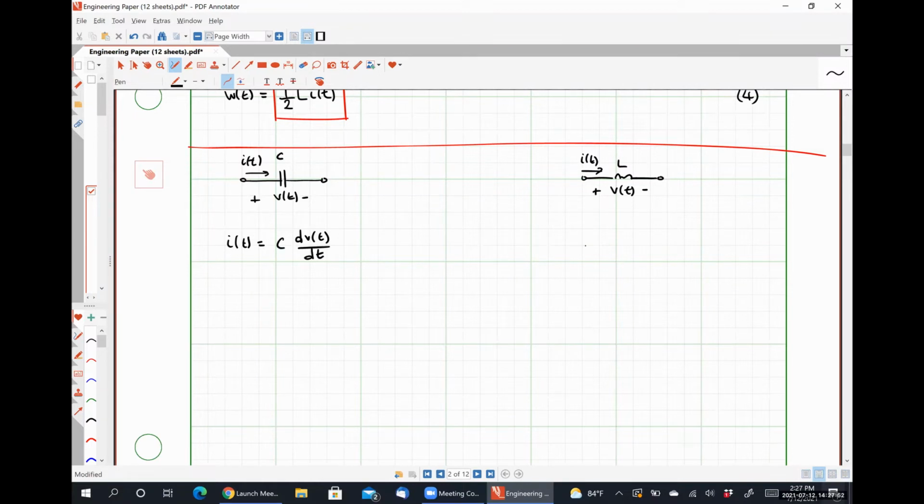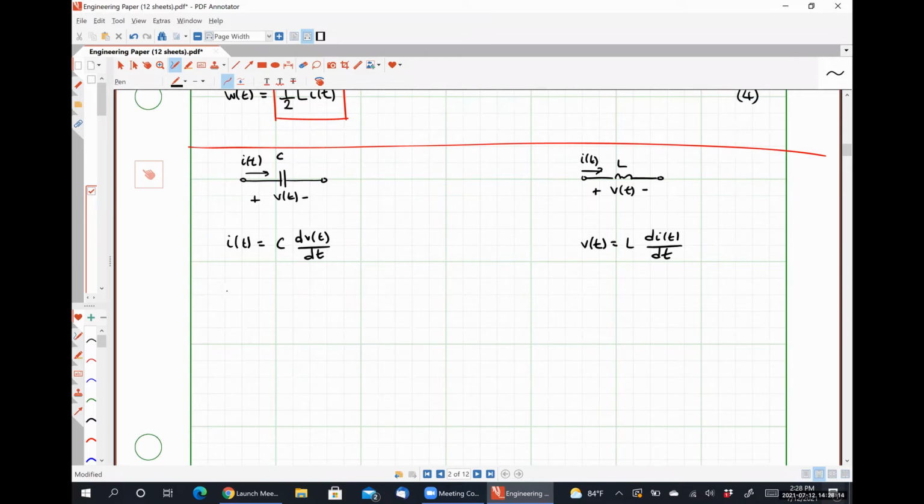For inductors, we observed that V was L di by dt. Exact same equation. We're just replacing I with V, V with I, and L with C, and vice versa.